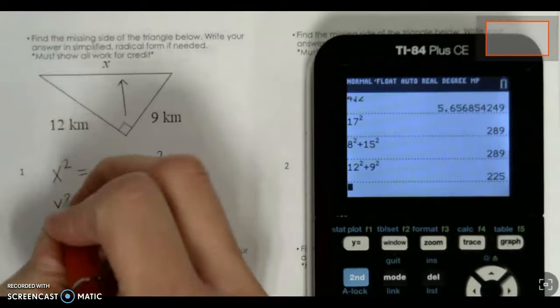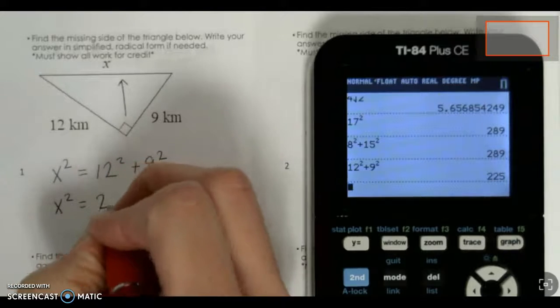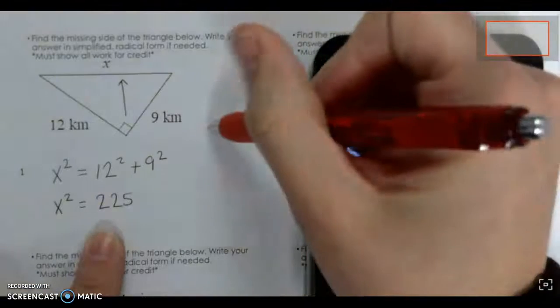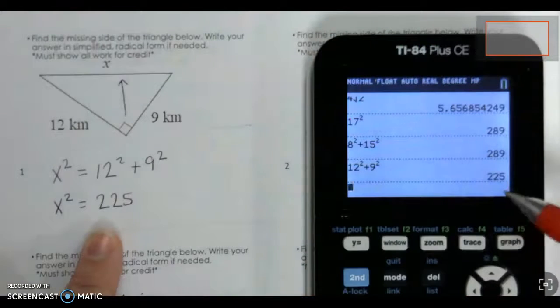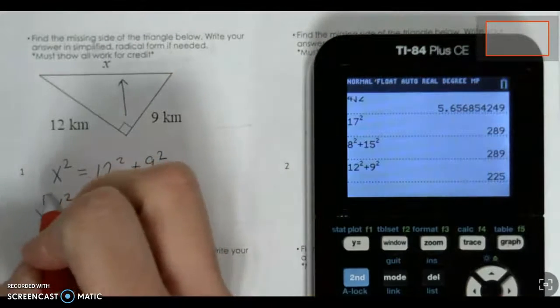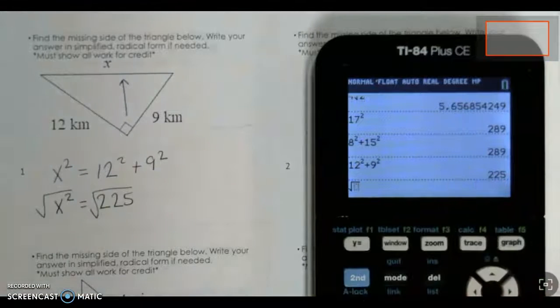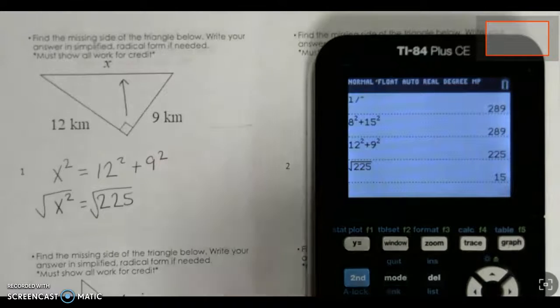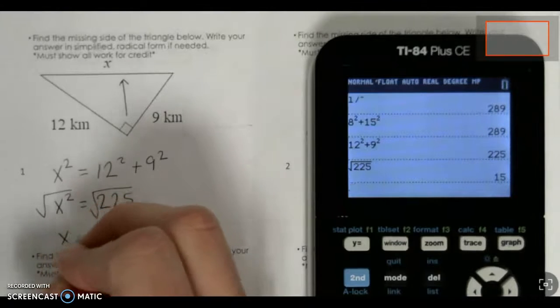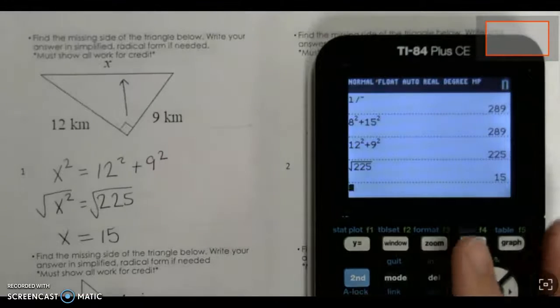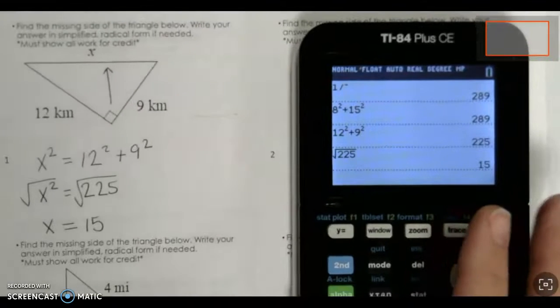So x squared equals 225. Now you might think for 225, you need to bring that over here and break it down. But 225 is actually a perfect square. So when we square root both sides, if I square root 225, it comes out to be a whole number, 15. So my answer for x is the number 15. So I did not have to break that one down and try to simplify that radical.